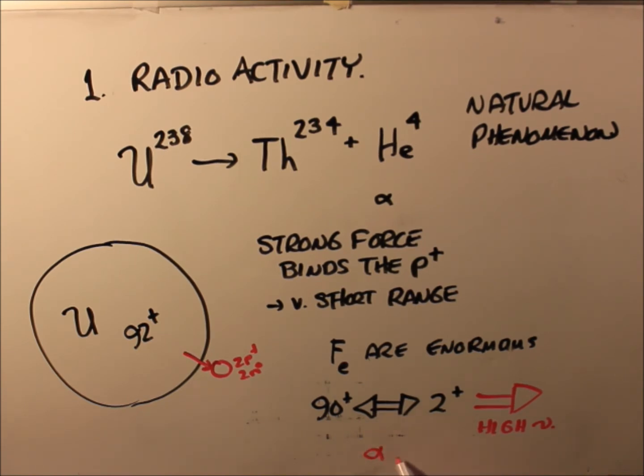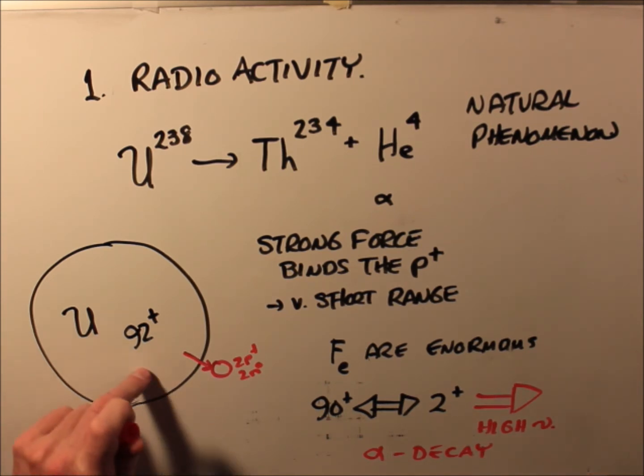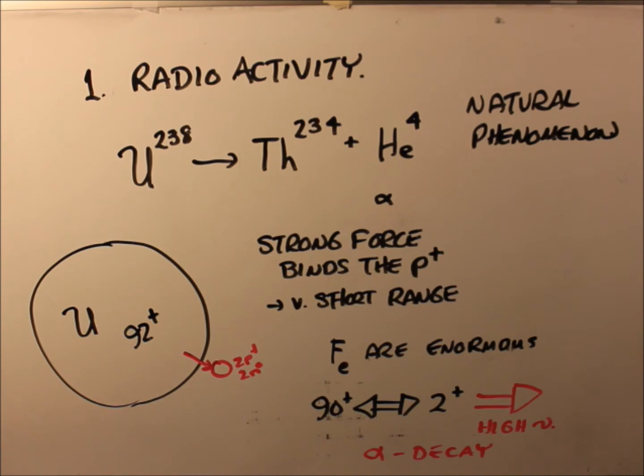We call this alpha decay, and it happens because of quantum tunneling. That's how they escape the nucleus.